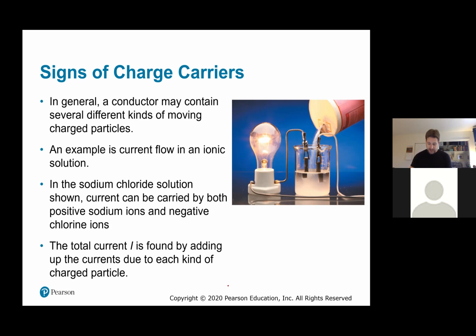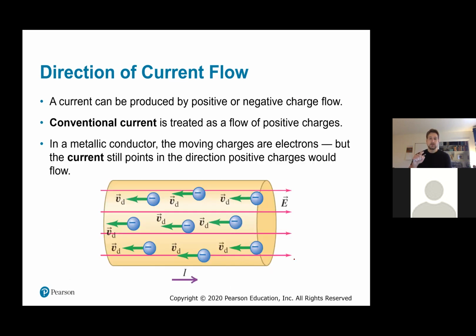If we're going to tie the current direction as our conventional current, if we're going to tie that to the direction that positive charges would go, then we're tying it to the direction of the electric field. And it makes a certain amount of sense to try to define a directional current.